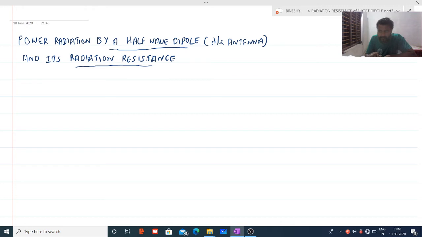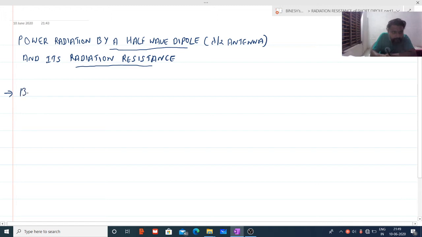There we have taken ds equal to r square sin theta d theta. So here we will take the complete spherical surface, that is 2 pi into r square sin theta into d theta. So the first thing to discuss is that by utilizing the Poynting vector method we can find the radiation resistance of a half wave dipole antenna.